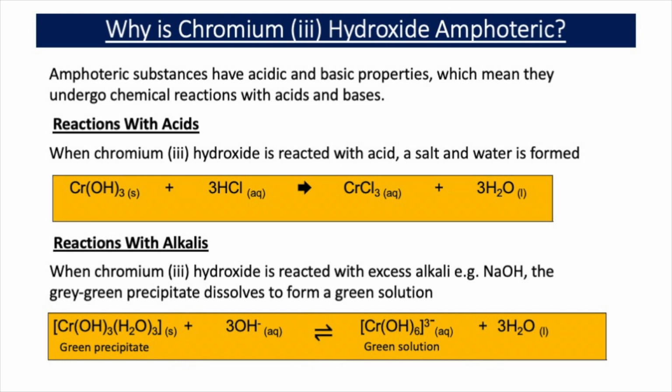Now in examination questions, if you're asked to write equations to show that chromium 3 hydroxide is amphoteric, you must write equations to show its reactions with both acids and alkalis. It's no good writing just the equation to show the reaction of the green precipitate with excess hydroxide ions. You must write both equations.